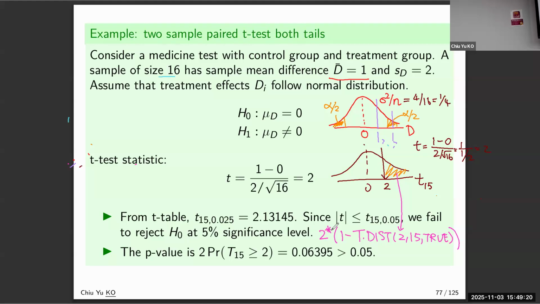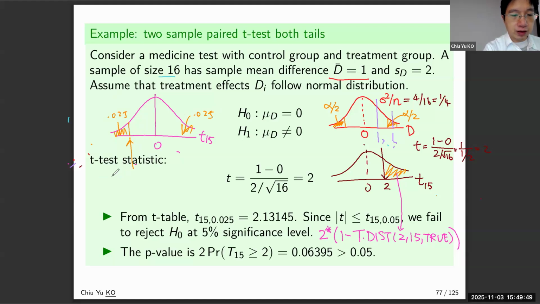Is that okay? Of course, in case you really want to use the critical value, you'll be doing this with T15. With 0 here, you want to calculate this area of 0.025, if you use 5%.